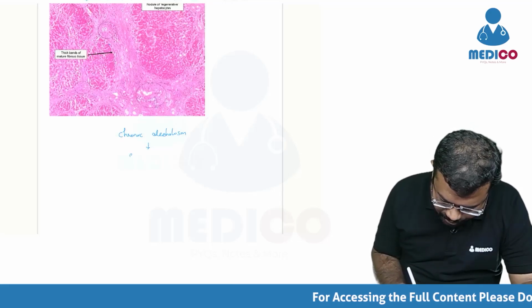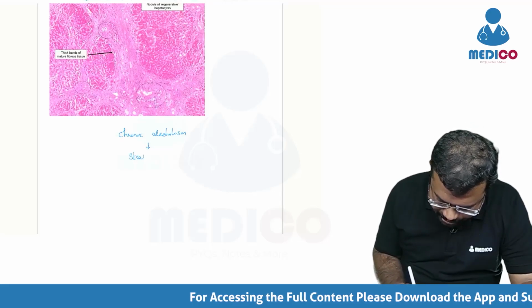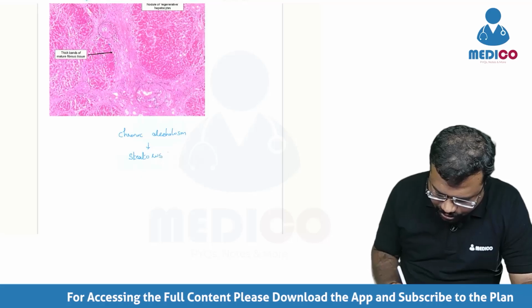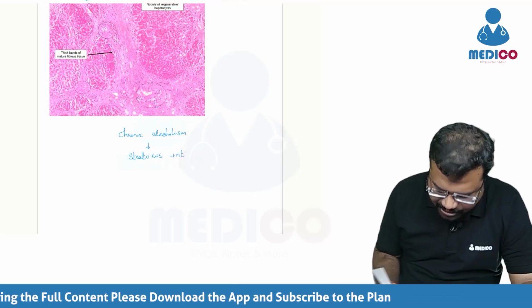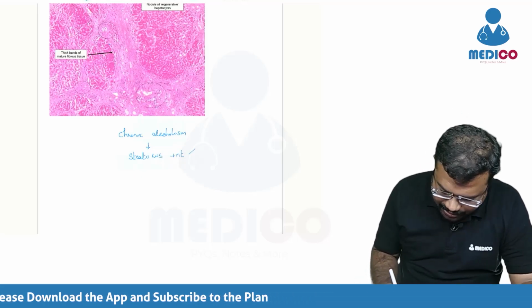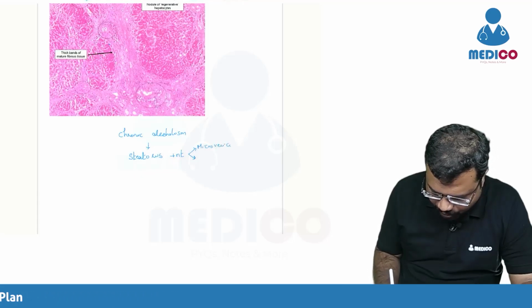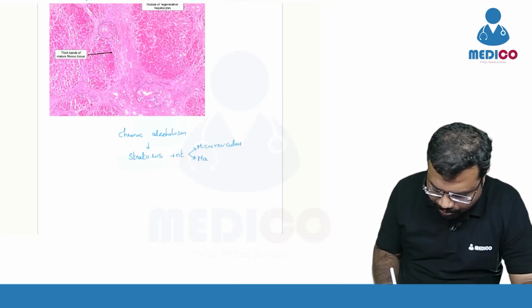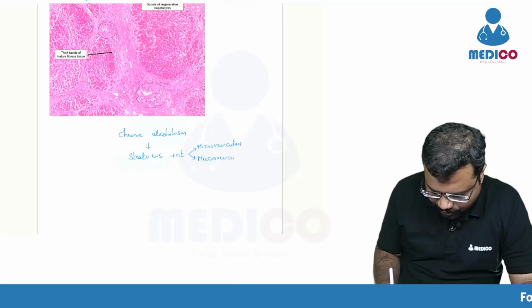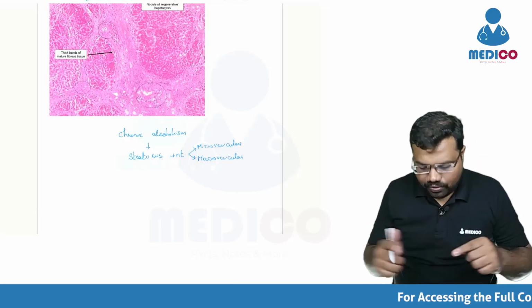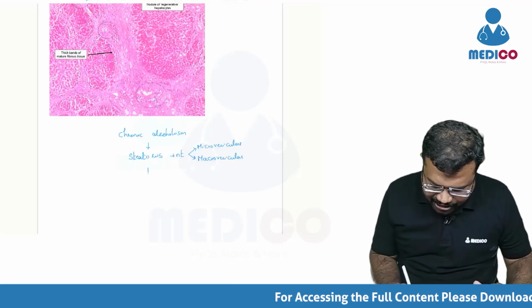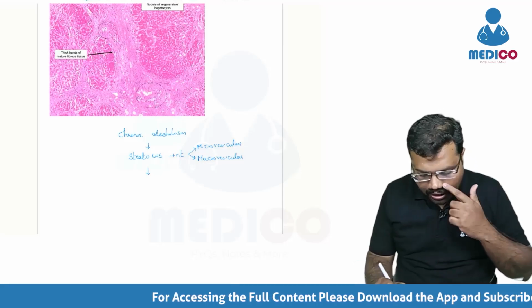So fat steatosis will be present. Steatosis is the initial stage, and it may be microvesicular, meaning small vesicles are present, or macrovesicular, meaning a single large vacuole is present. That's the initial part in case of chronic alcoholism.